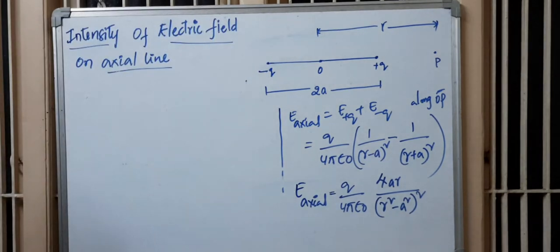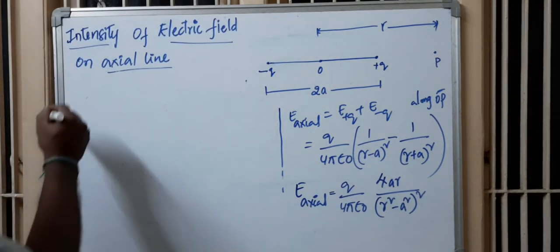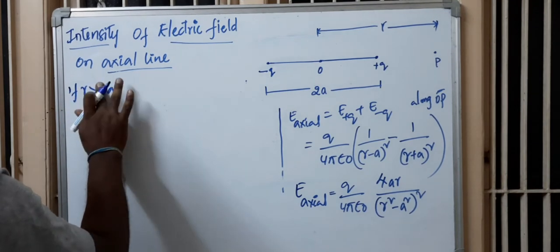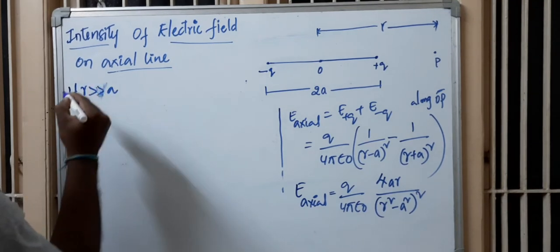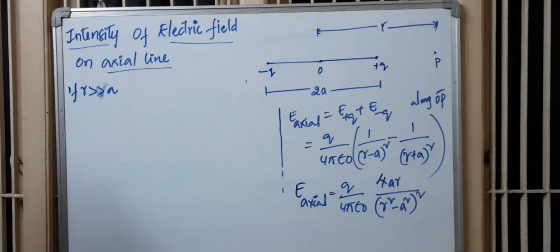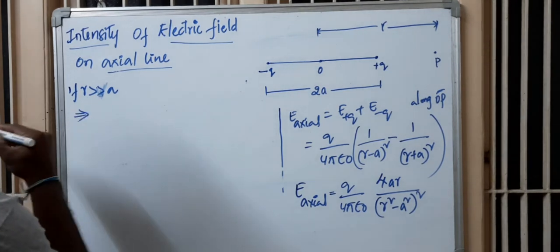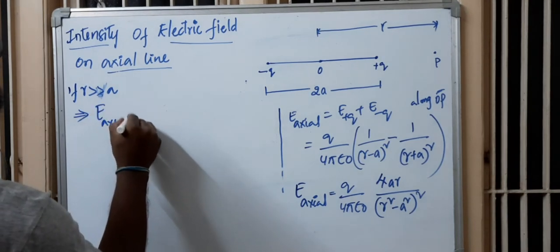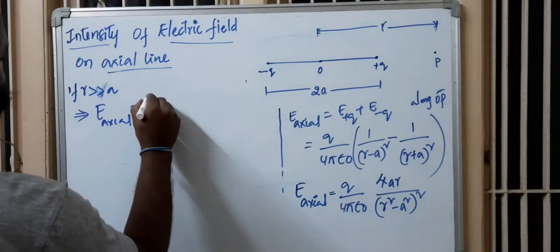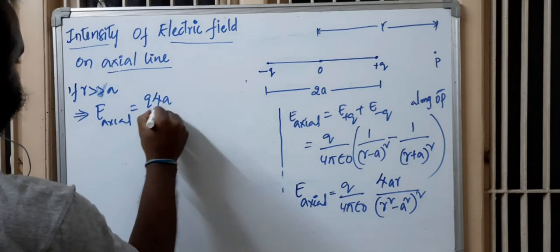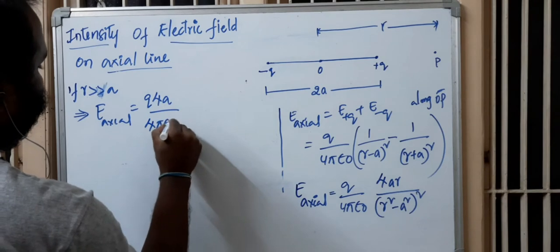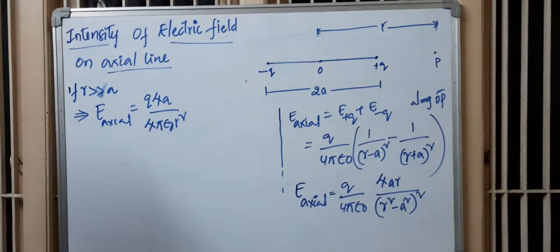Now let us think, if r is much greater than a, then we will get Q into 4a by 4 pi epsilon naught r square.